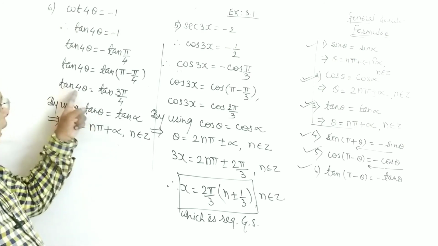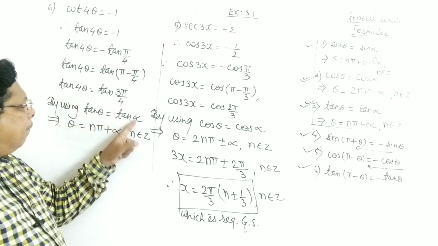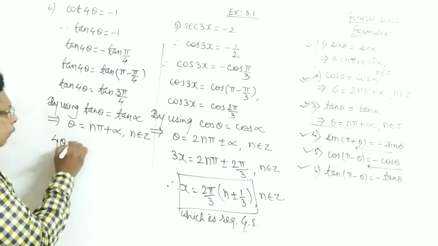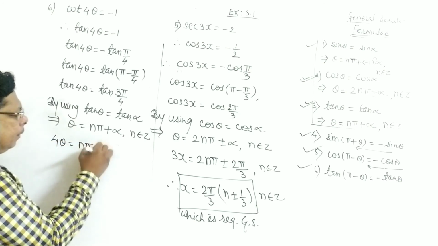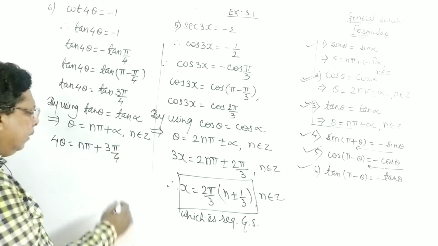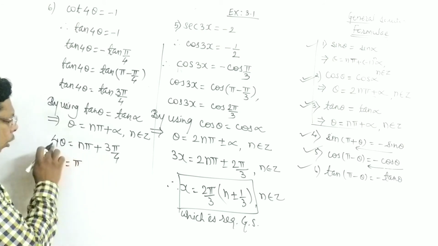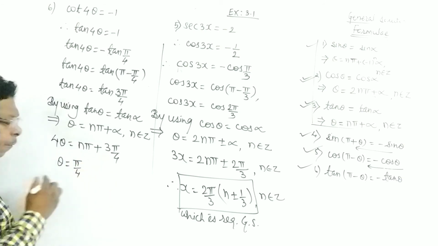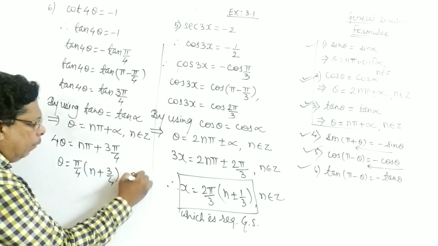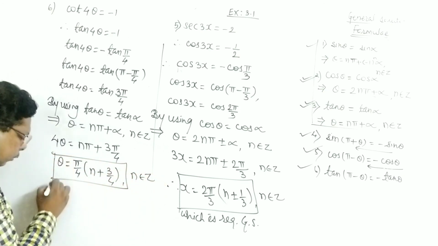In this case tan 4 theta equal to tan alpha, means our theta is equal to 4 theta and alpha is equal to 3 pi by 4. So this becomes 4 theta is equal to n pi plus 3 pi upon 4. From this we can write, take pi common, cross multiplication, theta equals pi by 4 times n plus 3 upon 4, where n belongs to z, which is the required general solution.